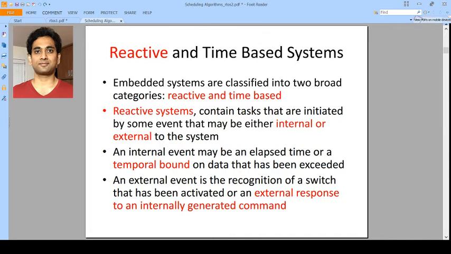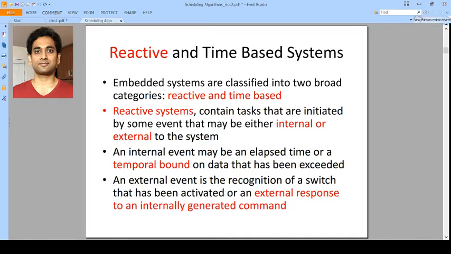Now let's try to understand reactive and time-based systems. Embedded systems can be classified into two broad categories: systems that are reactive and systems that are time-based.